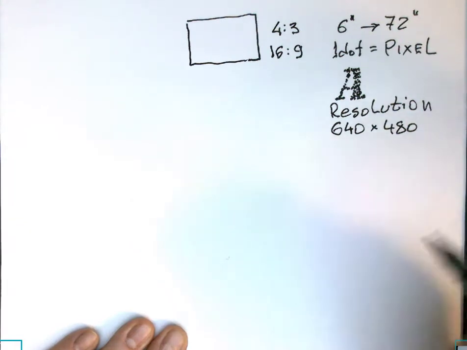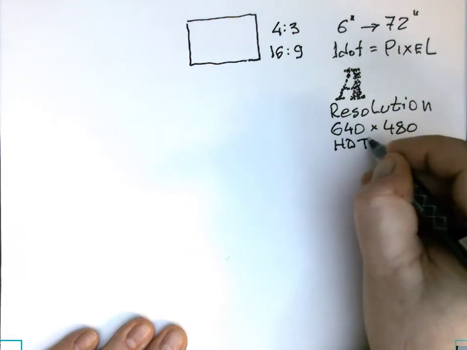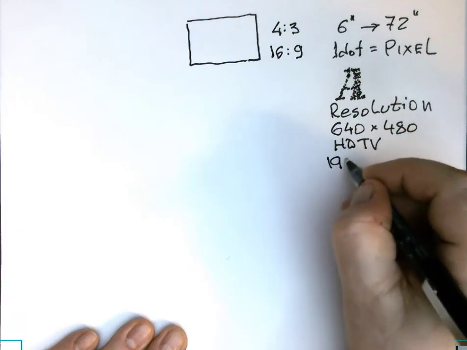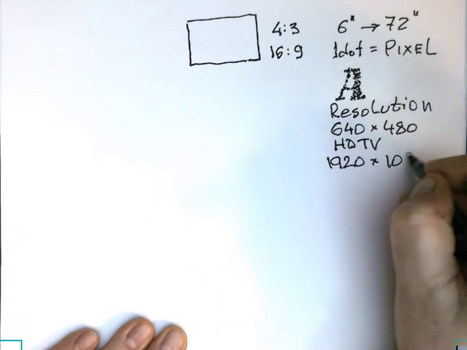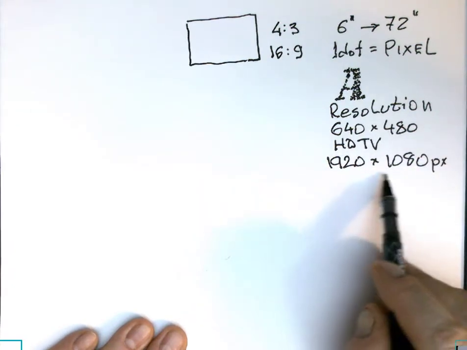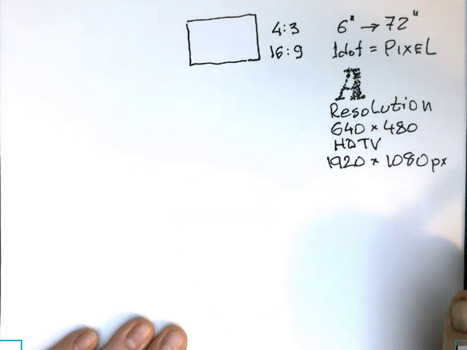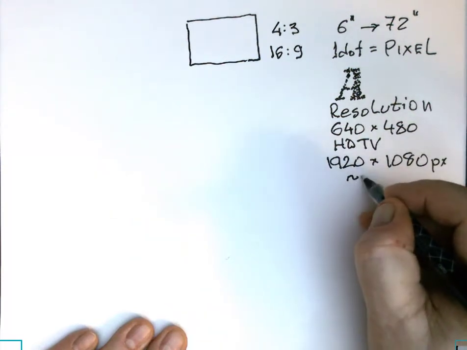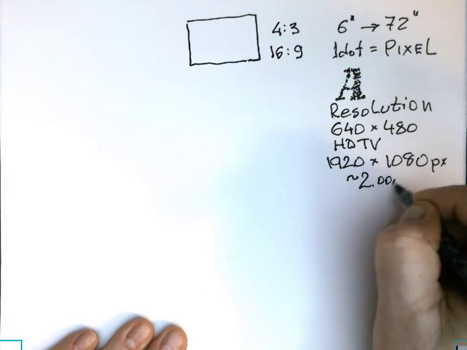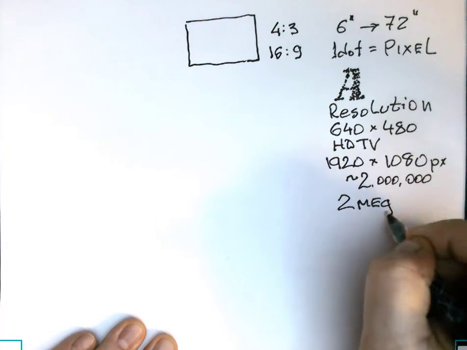But new computer screens usually utilize the resolution named HDTV. And HDTV is 1920 by 1080 pixels. But this is not a limitation, folks, because if you multiply this by that to calculate the total number of pixels, you will get something around 2 million pixels. 2 million pixels, folks, is 2 megapixel.